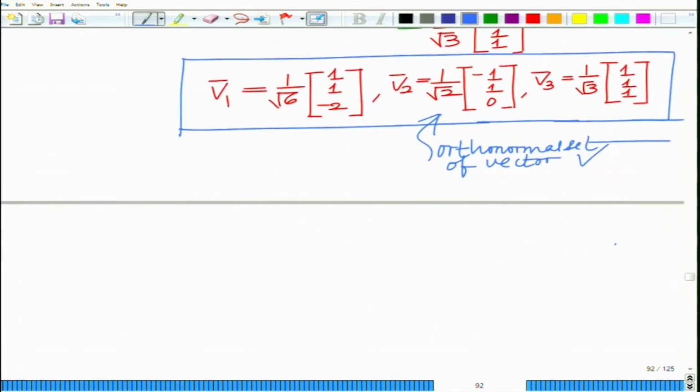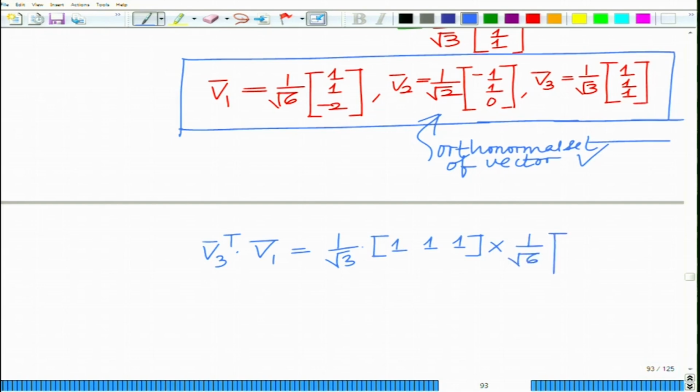And you can once again check, if you do V3 bar transpose V1 bar, just a quick check, that would be 1 over square root of 3 times the row vector 1 1 1 times 1 over square root of 6 times 1 1 minus 2, which is basically 1 plus 1 minus 2 divided by square root of 18, and you can see this is equal to 0.